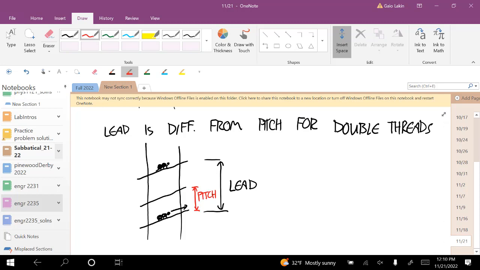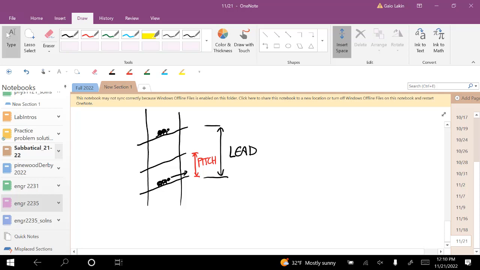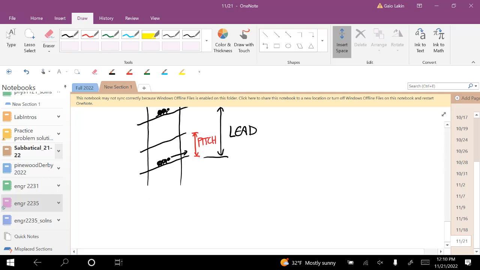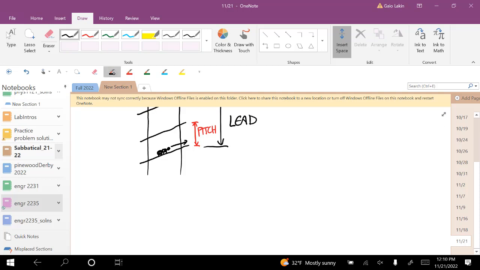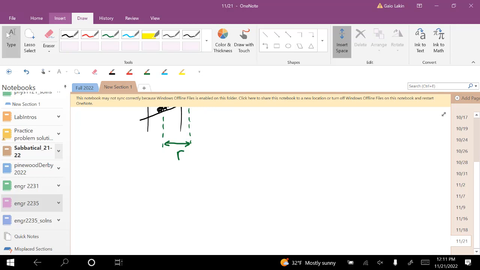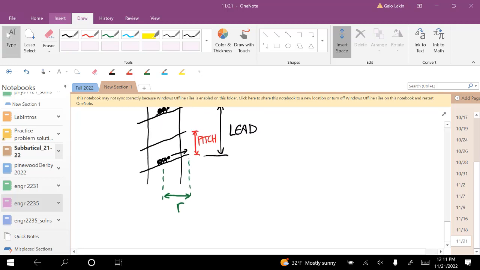Okay, so what we want is the lead. If it's a single thread, they're the same thing, but if it's a double thread, we want the lead, not the pitch. If the screw has a radius r, then you can think of taking one revolution of this thread and straightening it out.